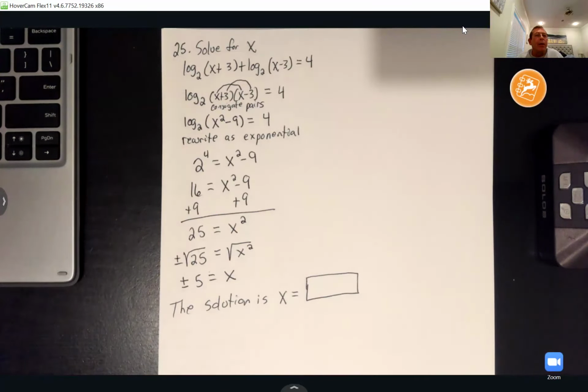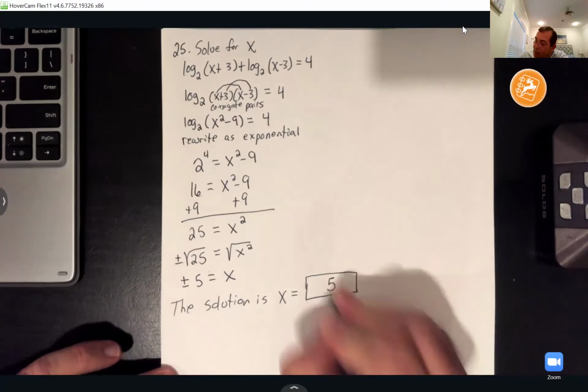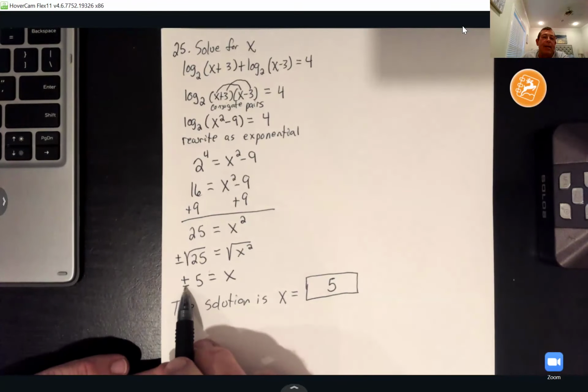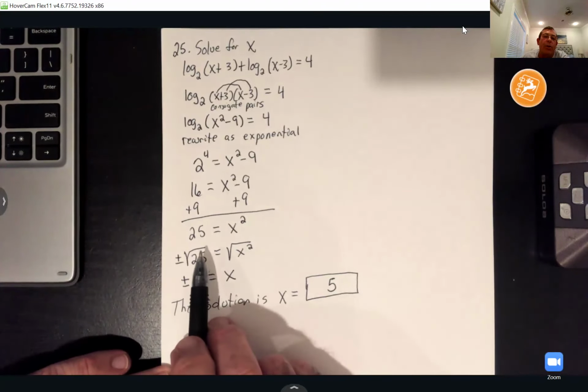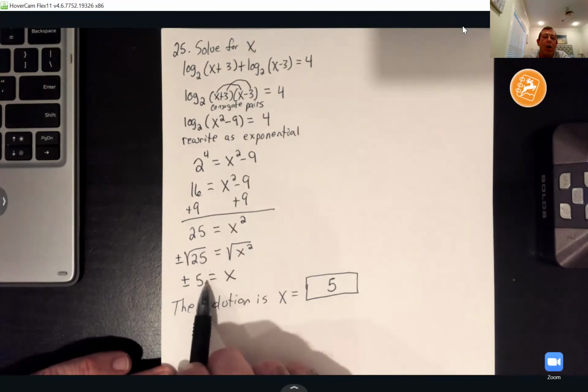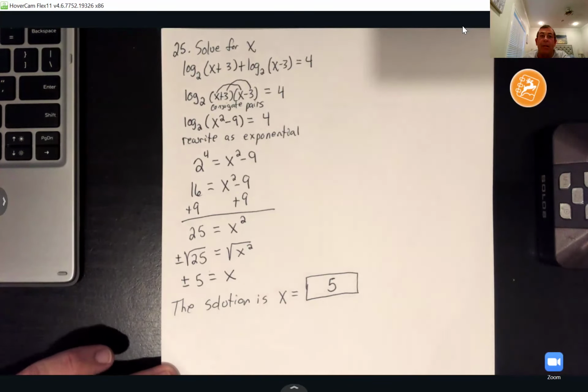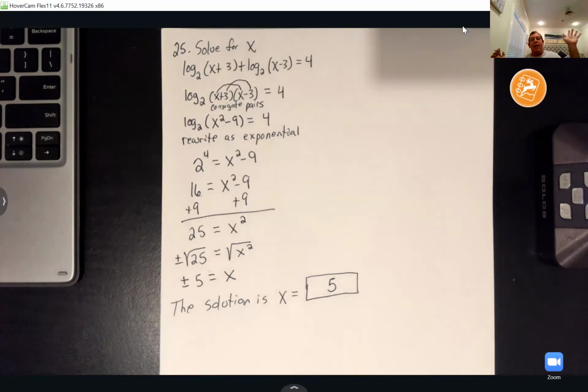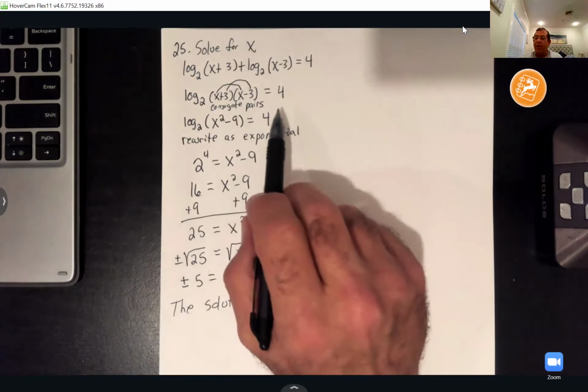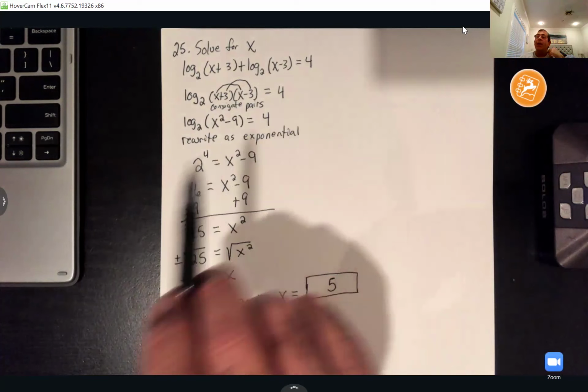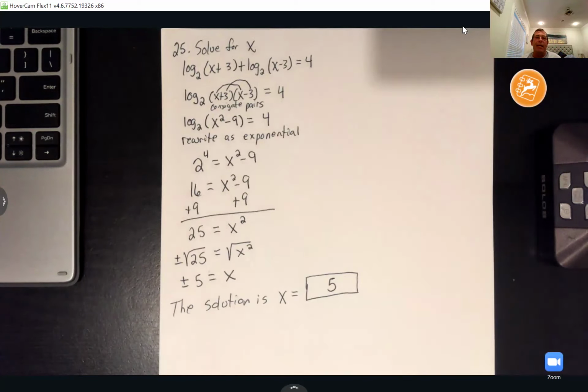Oh, I see something coming in. Kayla, that's 5. Good job. Remember, I cannot take the negative answer. So at this point, when you do the square root of 25, all you really got to worry about is that positive 5, right? Because you cannot take a log of a negative number. Remember, that gives you an error message, and we said it did not exist on those, okay?